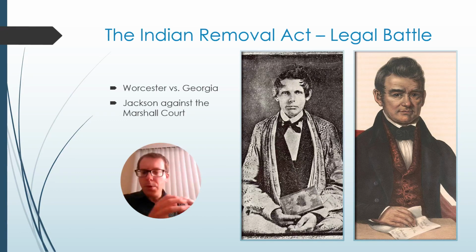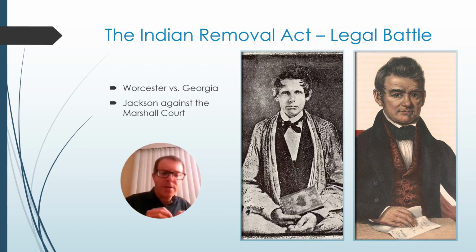And so what both Worcester and Ross realized is that they could use this case to challenge the right of Georgia to treaty make or interact directly with the Cherokee Nation. Because basically, Georgia, by arresting Worcester, was saying that Georgia's state law is supreme over Cherokee Nation law.